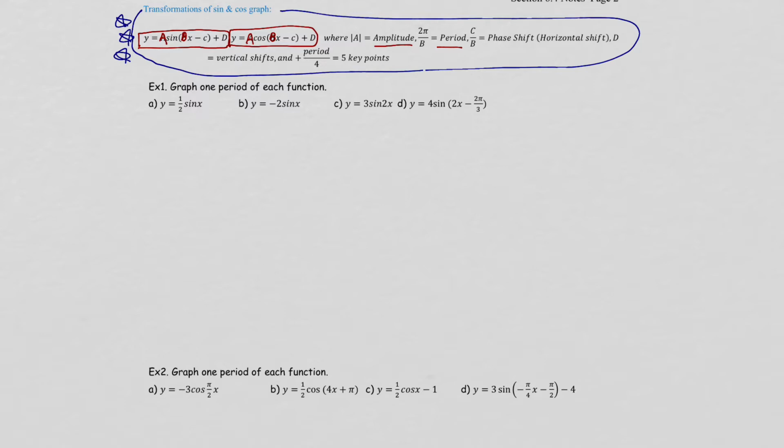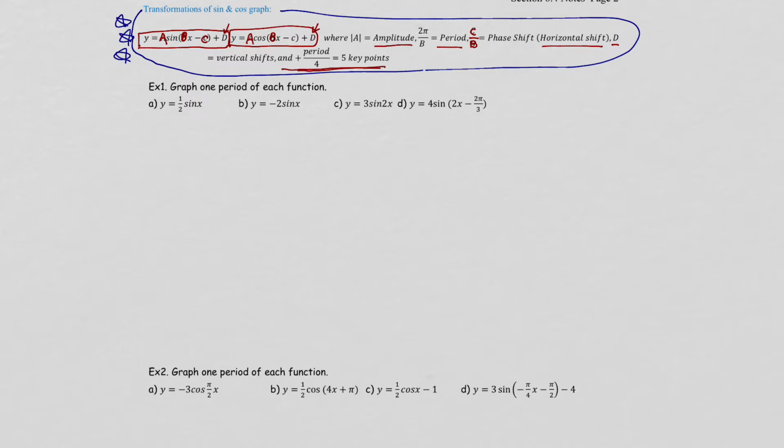And then we have horizontal shifting. It's going to be C over B, right? Your C is right here, again, B right there. And then you're going to have a vertical shifting of D. So this is going to be vertical shifting. And in order to find the 5 key points, you're going to do plus period over 4, right? So this is all the formula you're going to need in order to find your graph.